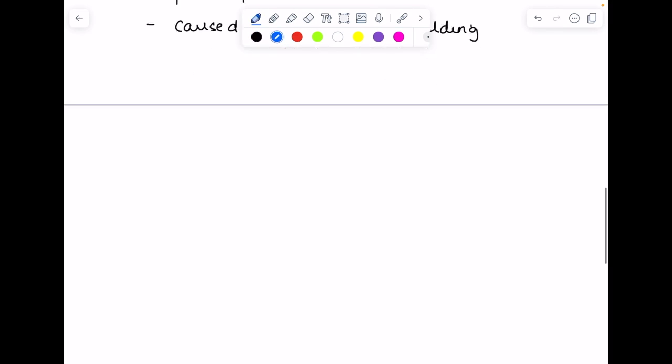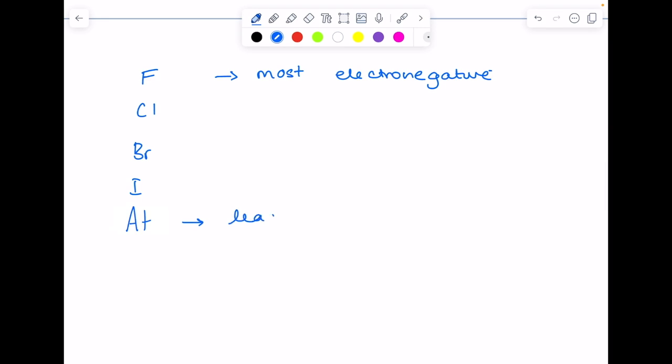Remember, these are the group 7 or group 17 elements, so we're starting at the top with fluorine, chlorine, bromine, iodine and astatine. According to what we've just said then, fluorine is the most electronegative. Astatine is the least electronegative.